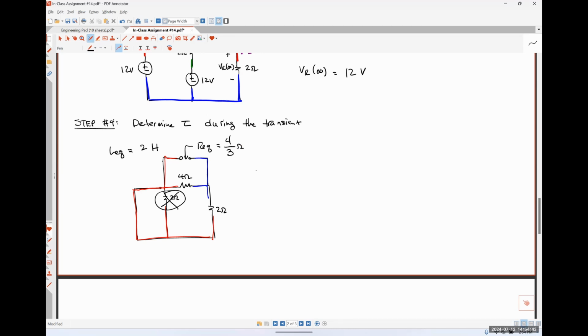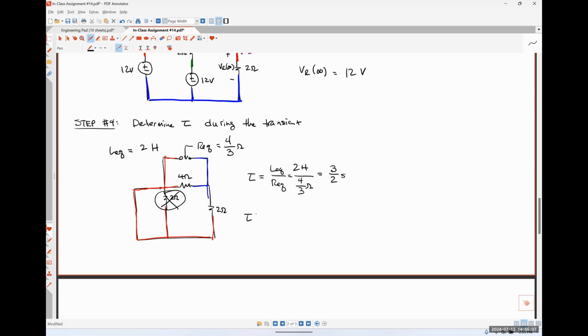While we're at it, let's go ahead and calculate tau. So tau is LEQ over REQ. So that's going to be 2 Henrys divided by 4/3 of an ohm, which would be 6/4 or 3/2 of a second.